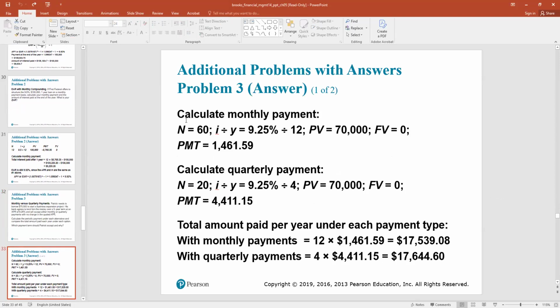So you have two payments, monthly and quarterly. Monthly, you come up with this, and quarterly, you come up with this. The total amount paid per year under each payment type is here. So you make your decision.